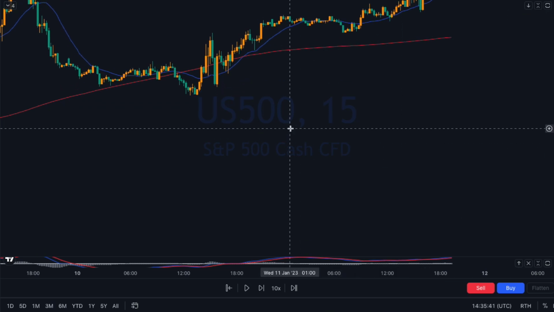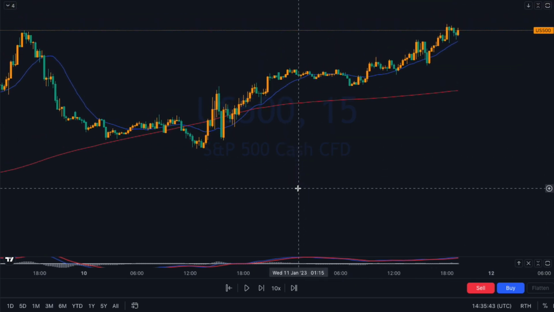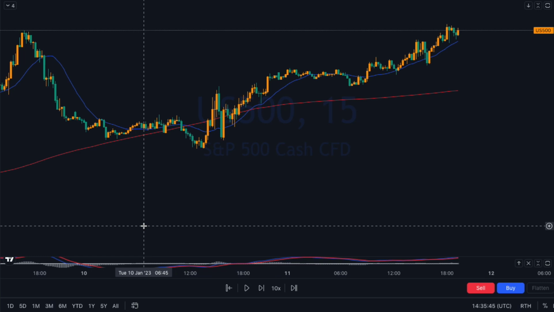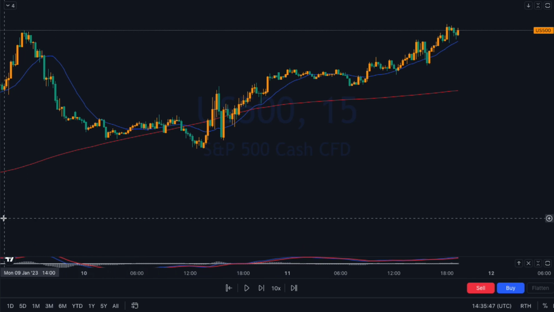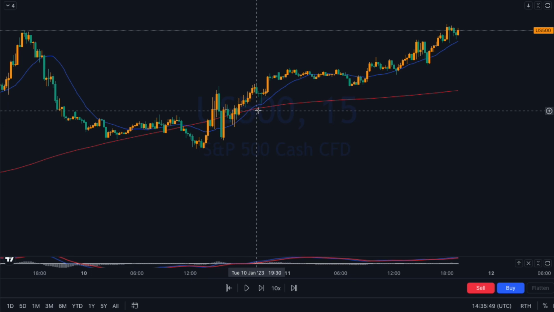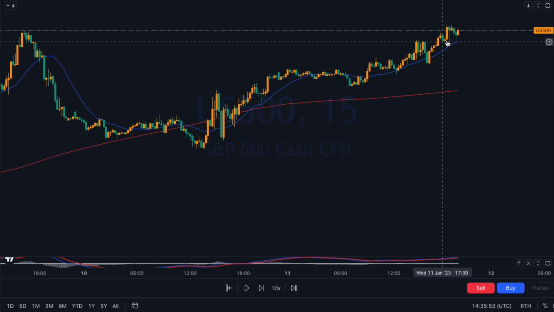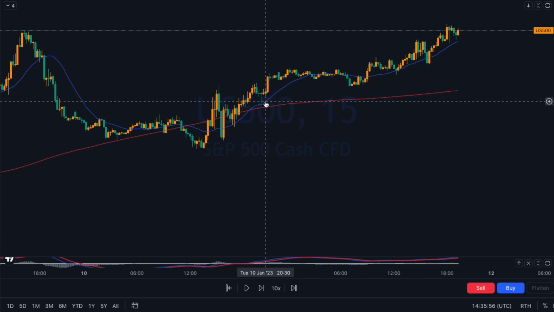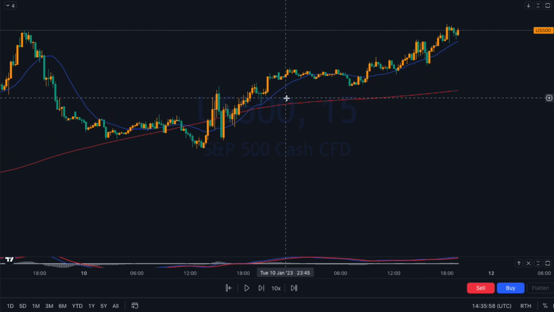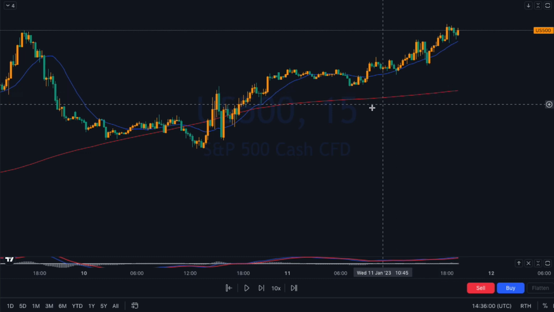And the concept of this back test is going to be the same as all the others that I've been doing, which is resistance and support levels, right? We're going to be using the moving averages. So we have the moving average 20. So that's the blue line that you can see, the blue signal line right here. And then the moving average 200, which is the red one underneath. So that's that right here.